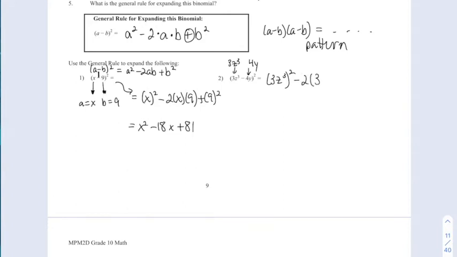So I have 3z cubed minus 4y, all squared. So what do we have here? That's 9z to the power of 6 minus 24z cubed y plus 16y squared.